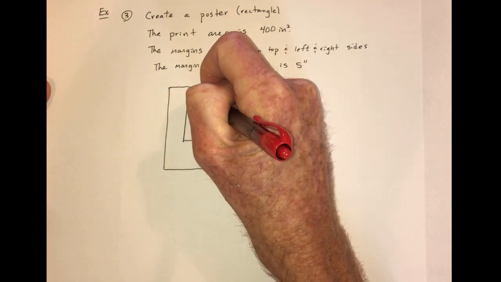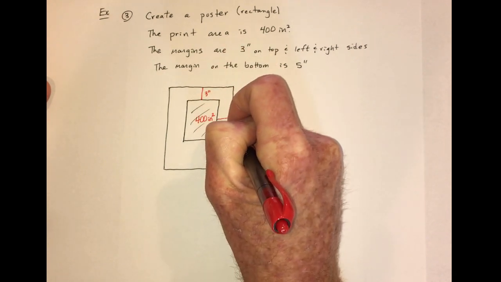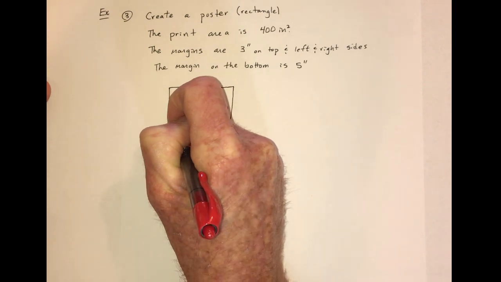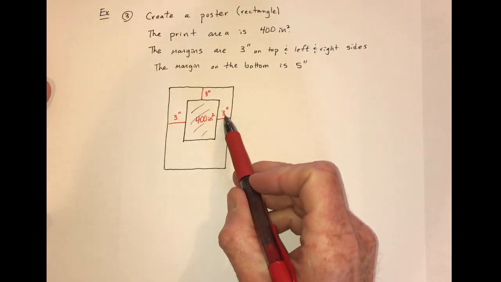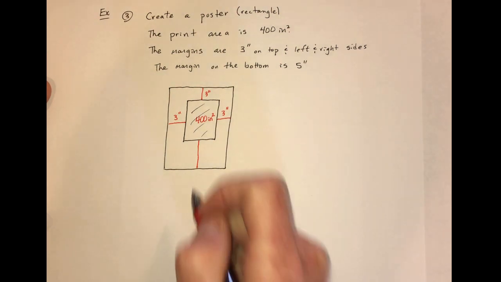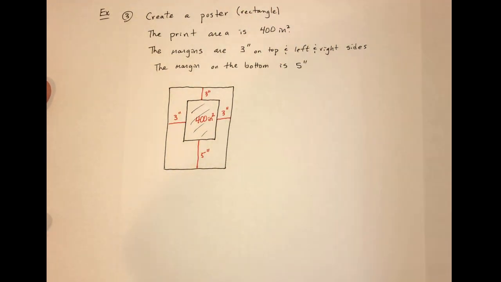Now, when you measure this blank part, that's 3 inches. This is 3 inches and 3 inches. So generally when framing, these 3 are supposed to be the same, and then this should be that amount or bigger. So then this is going to be 5 inches.